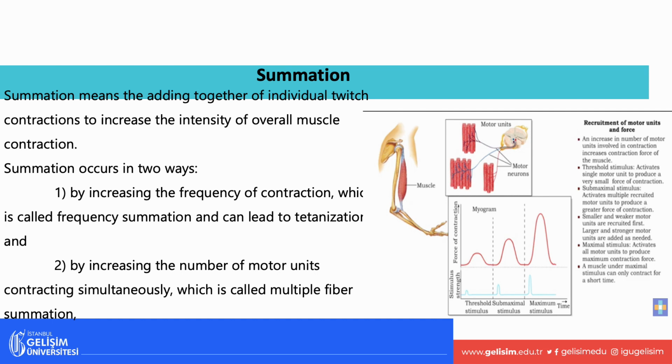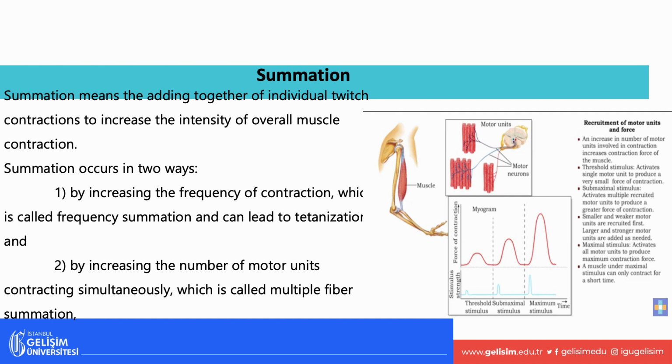single motor neuron. Wave summation is the addition of individual twitches in a muscle fiber, where the twitches are close together in time and the muscle fibers do not completely relax between them. This results in a greater overall force of contraction compared to a single twitch.